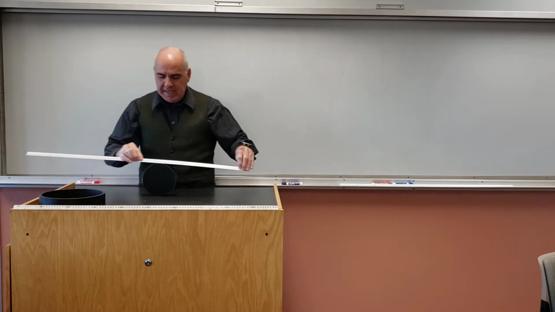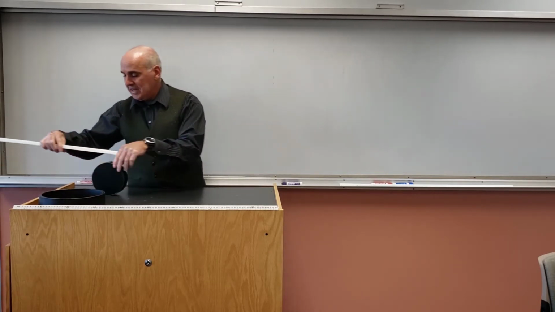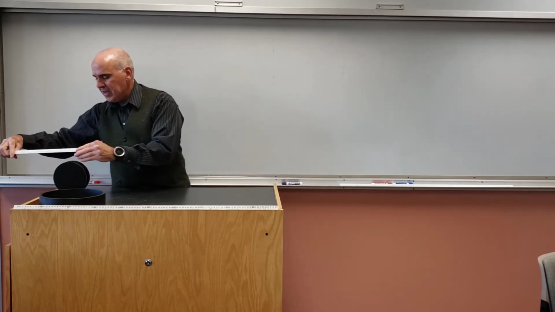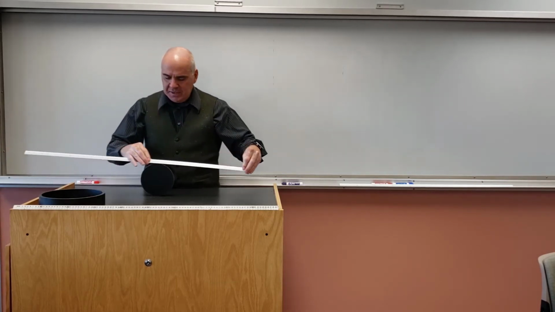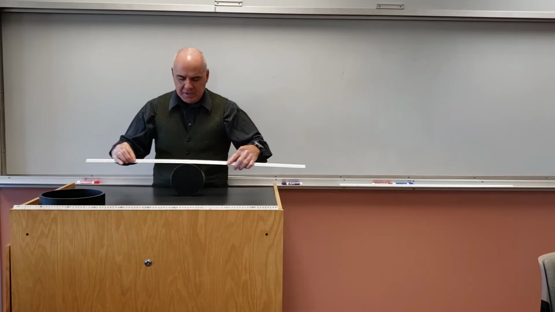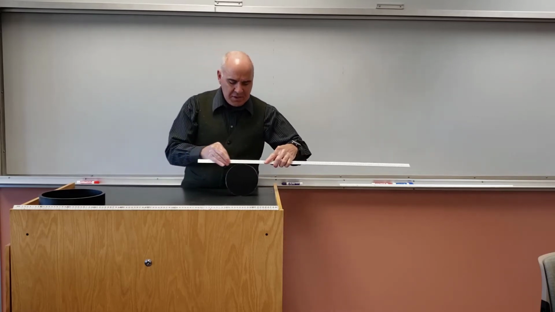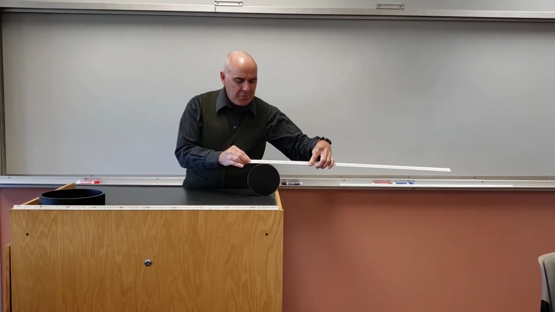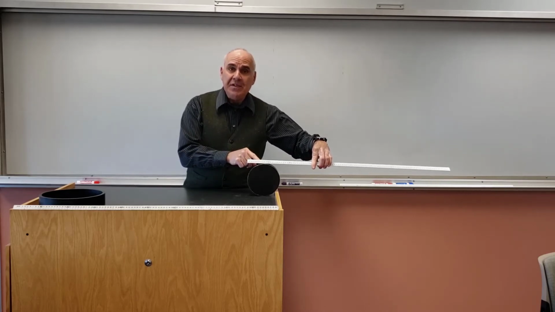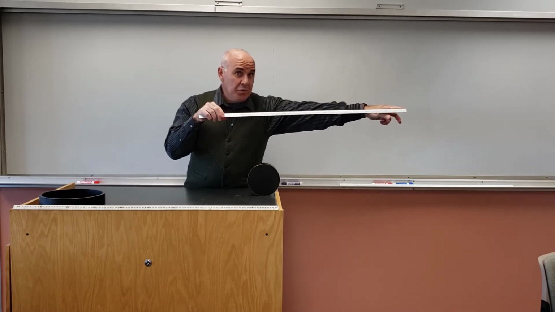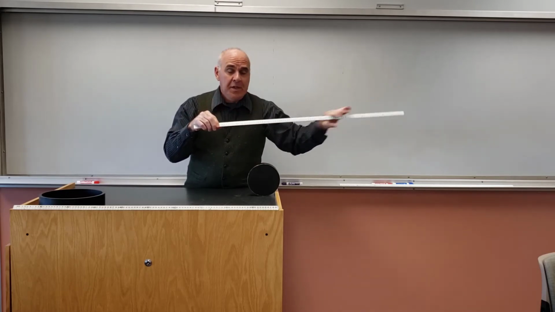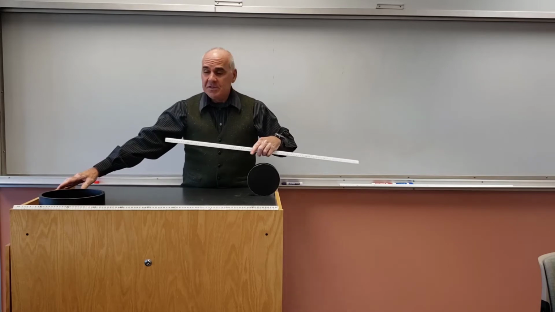Let's do it again. There's too much sliding on that one, let's try that again. Okay, so the end of the meter stick, there we go, is at about 0.9 meters or 90 centimeters. So the wheel moved 90 centimeters, the ruler has moved 90 centimeters, so the end of the ruler is at 1.8 meters from this left side where it started.